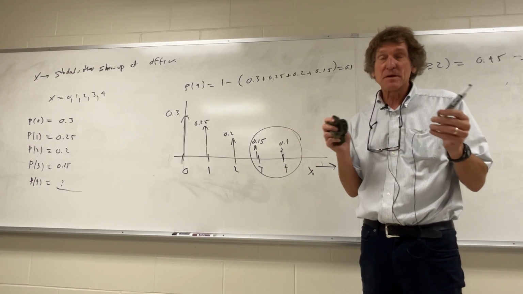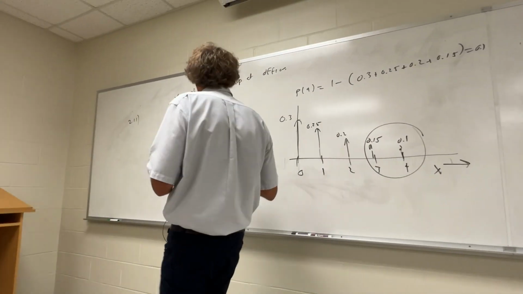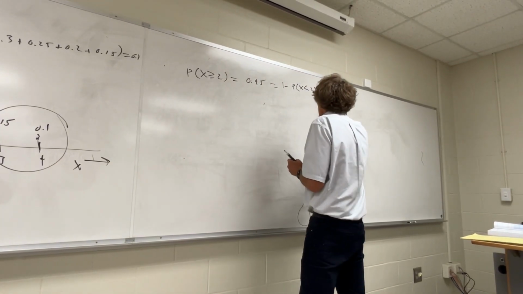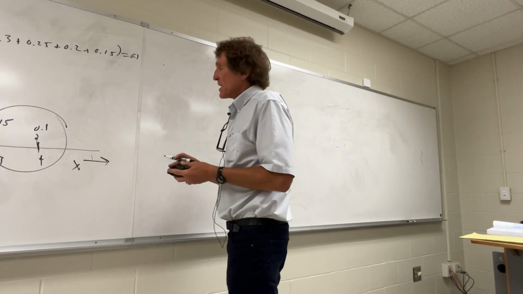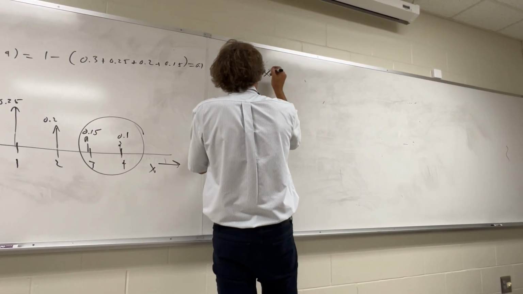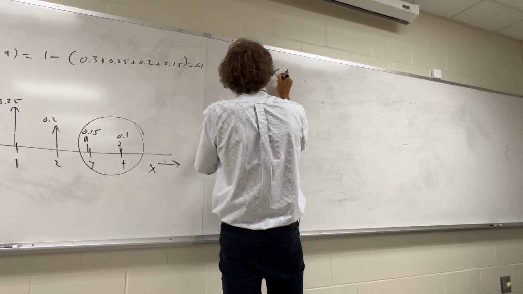Now I'm going to show you something. Please be attentive here. Now, if you have another problem similar to this, and we talk about a continuous random variable, I can say this. We're going to have some x that has certain values, and x is going to be between 0 and 4.